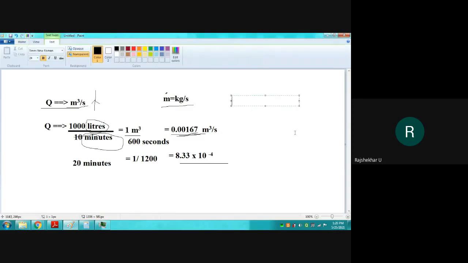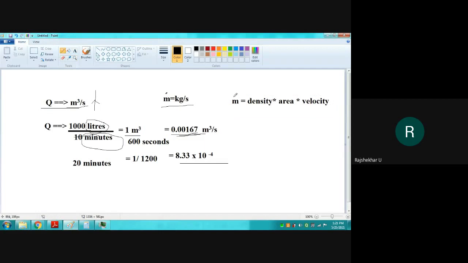Relation is, if I write m dot, m dot is equal to density into area into velocity. This is the relation between mass flow rate and discharge.